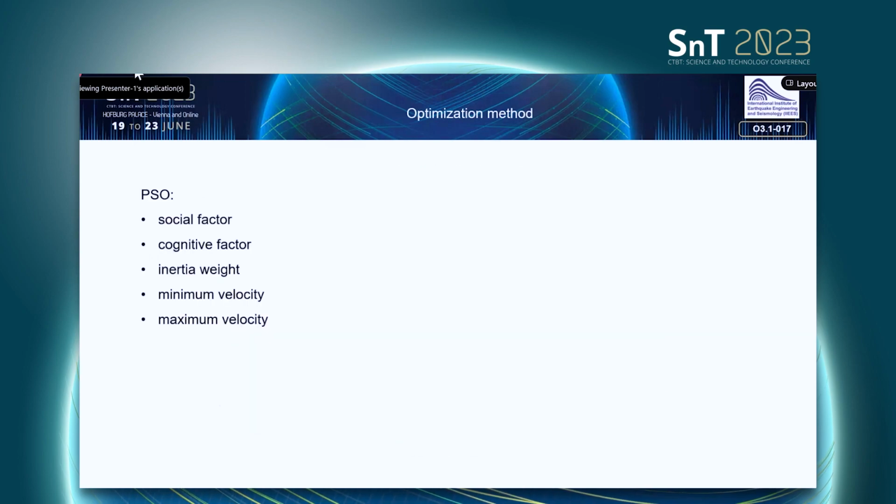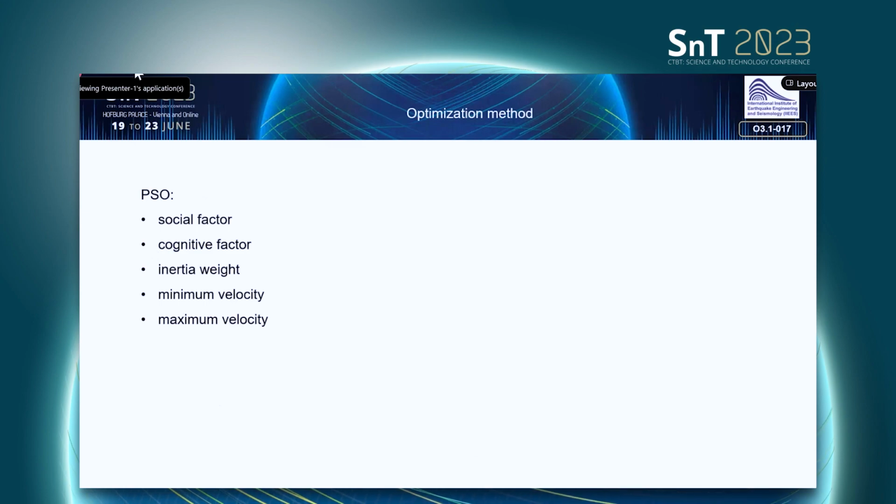For doing that, we have to set some parameters such as social factor, cognitive factor, inertial weight, and minimum and maximum velocity of the particles at each iteration. Unfortunately, PSO setting is case dependent, and finding the best values for these parameters requires intensive research.